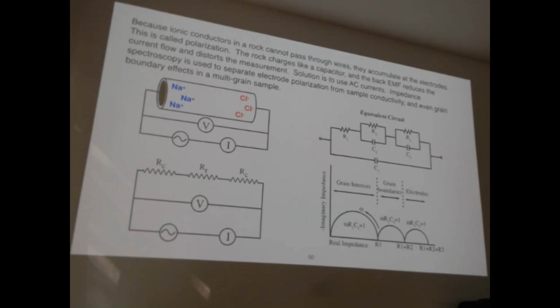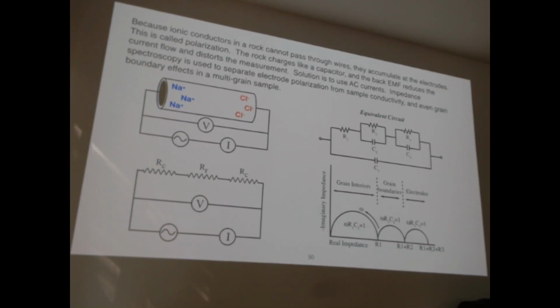But basically, the ions can't go into the electric circuit, so they pile up at the ends of the rock. And that's called polarization. What happens is it creates an electric field in the rock that's opposite to the electric field you're trying to pass through the rock. And as you make your measurement, your resistivity is just going up and up and up. It's not a realistic measurement anymore.